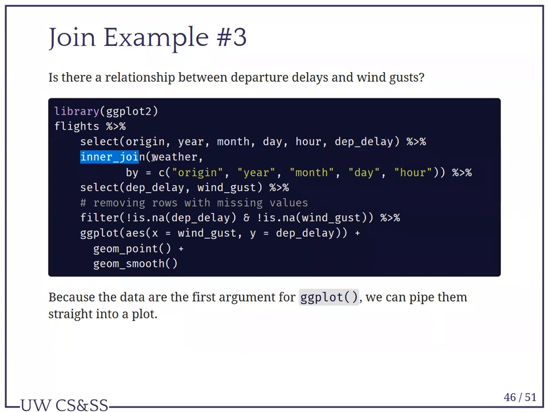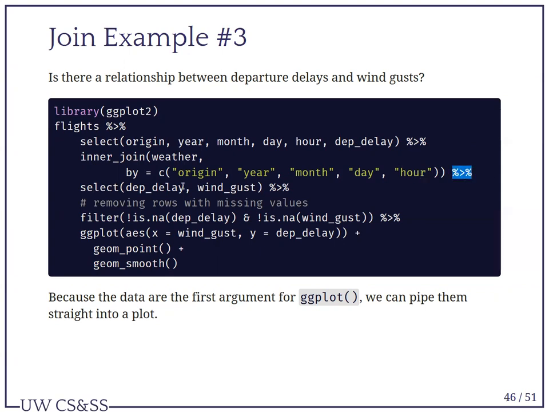And then inner join the weather data by the origin, year, month, day, hour. We need to inner join here because all of the other information is superfluous to our understanding of the weather and departure delays. So we only want to keep the things that match because we don't care about the weather elsewhere, and we don't want to keep those NAs.